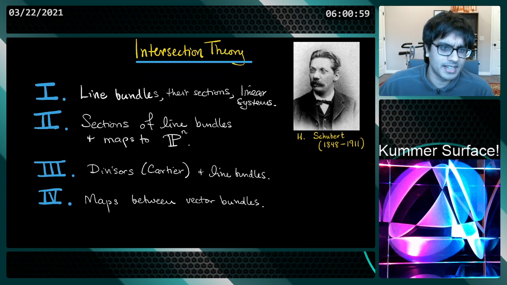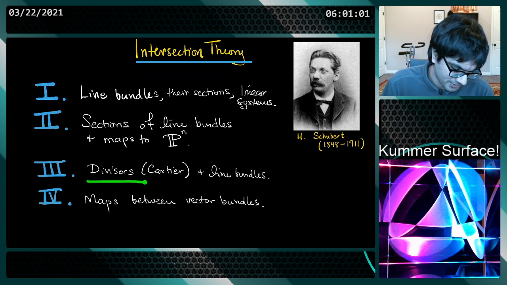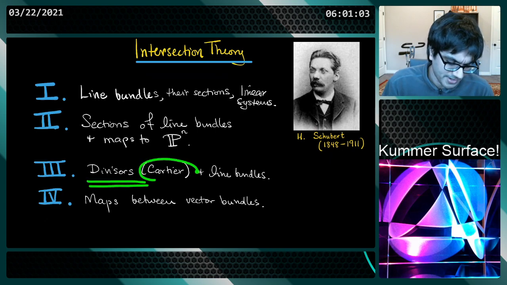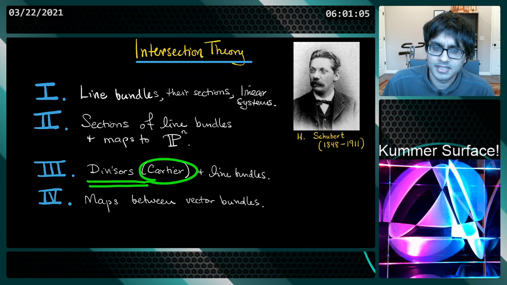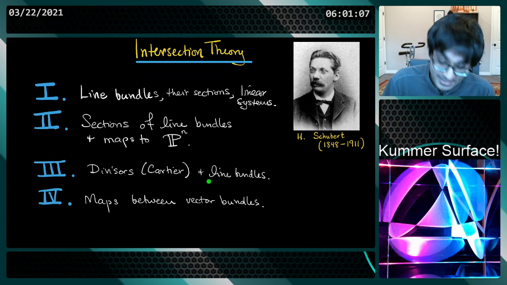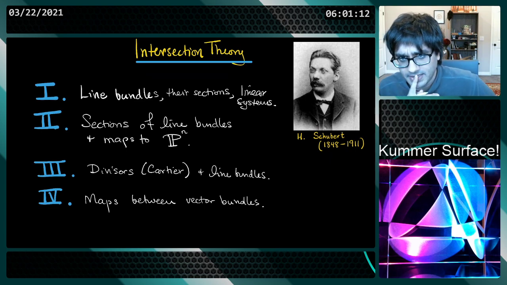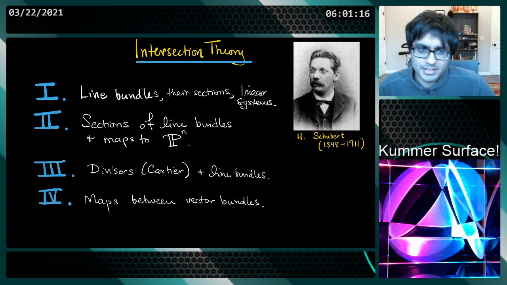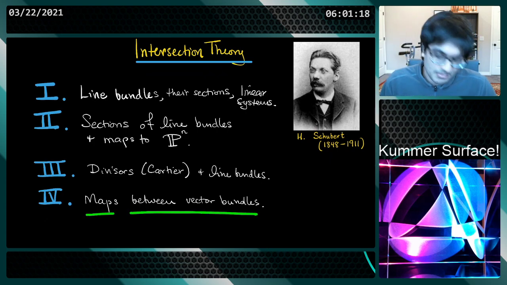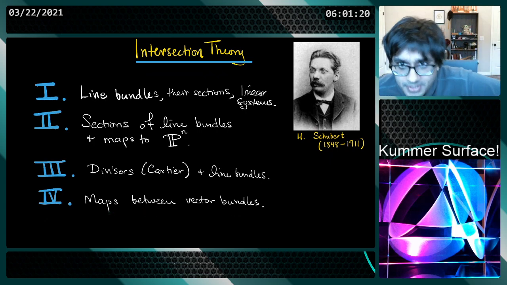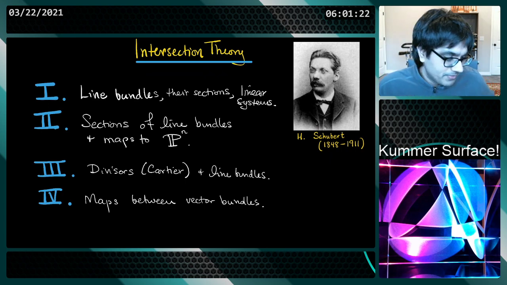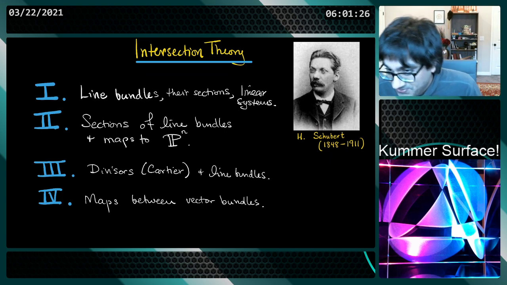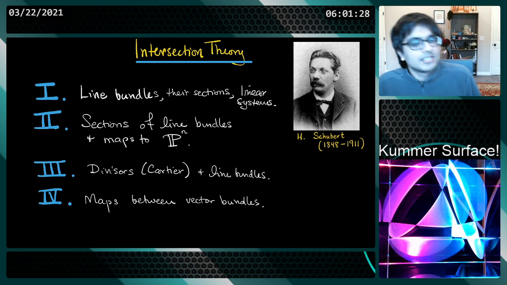And then there's the connection between divisors, certain nice kinds of divisors, and line bundles. That's a classical connection between two seemingly unrelated objects. And then I'll make a couple of comments about maps between vector bundles, because those will be used all the time in setting up enumerative problems. Okay?